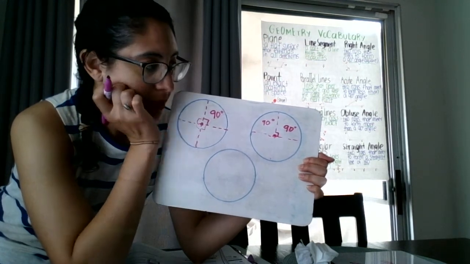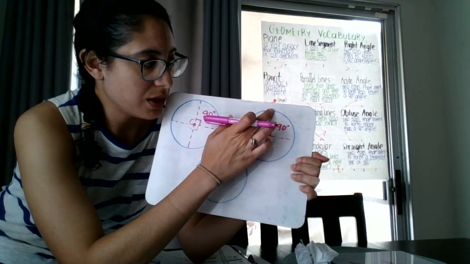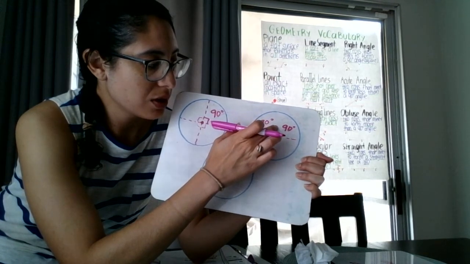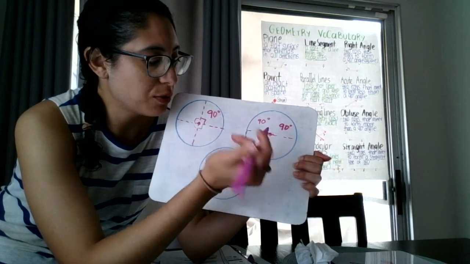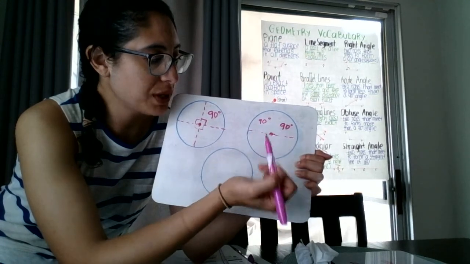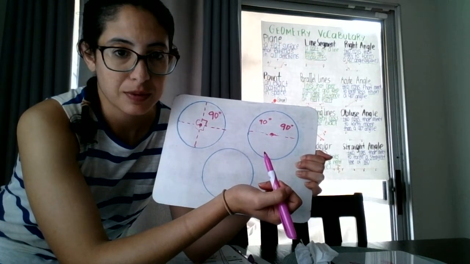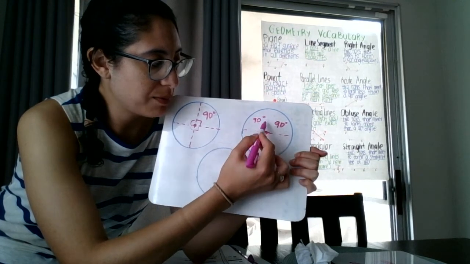Okay? So I have one here and one here. Now I'm going to do something. I'm going to take away that right angle box. Okay? So before I had 2 90-degree angles. Now I remove that middle line.